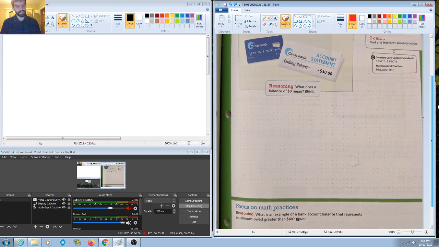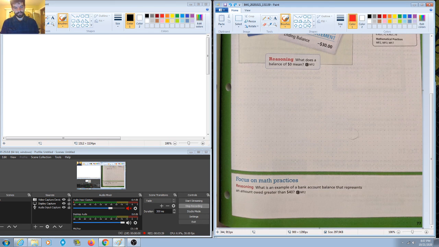So let's go ahead and look at the Focus on Math Practices question at the bottom. It says reasoning. What is an example of a bank account balance that represents an amount owed greater than $40?